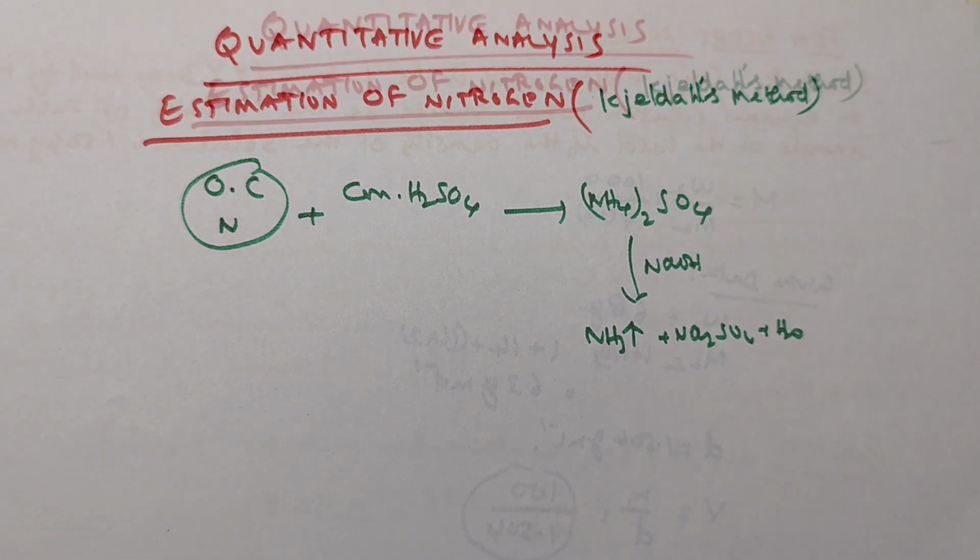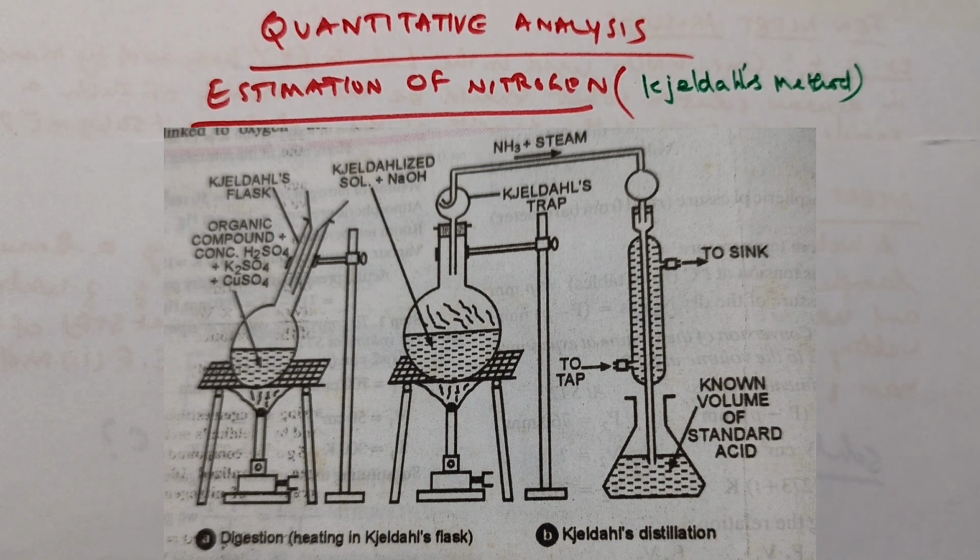Now we can see the apparatus for estimation of nitrogen by the Kjeldahl method as shown in the figure. On the left-hand side we have the Kjeldahl flask. In that flask we take the organic compound of known mass W gram, and add concentrated sulfuric acid. To catalyze the reaction we add copper sulfate.